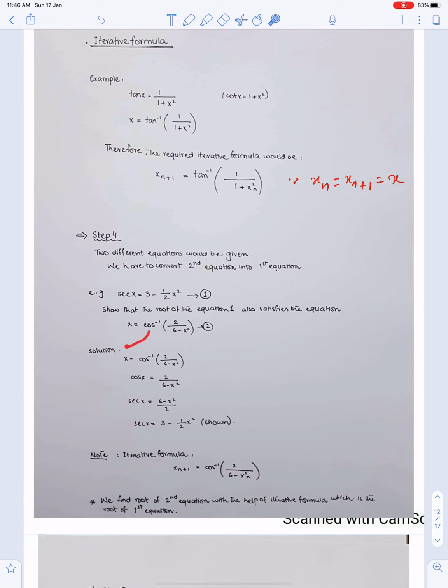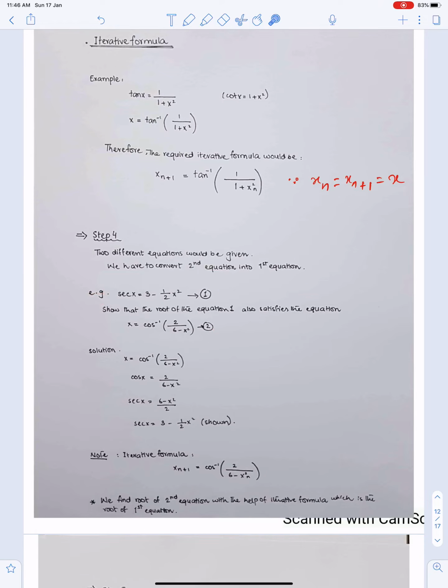So by shifting cos inverse here, we have cos x, and after taking the reciprocal of this, we have sec x, and by taking the LCM, we have this. See, this equation and this both are the same. That means this equation is the same as this equation. So both equations are the same but expressed in a different form.